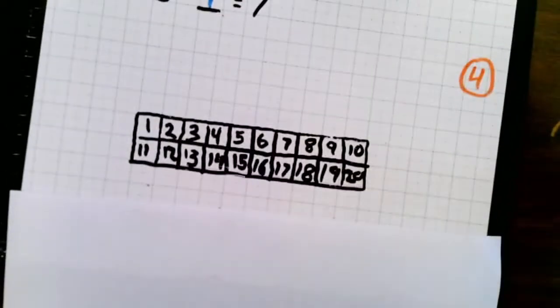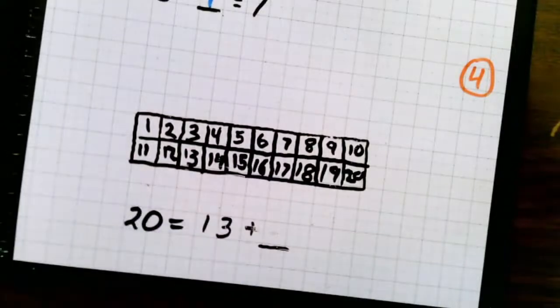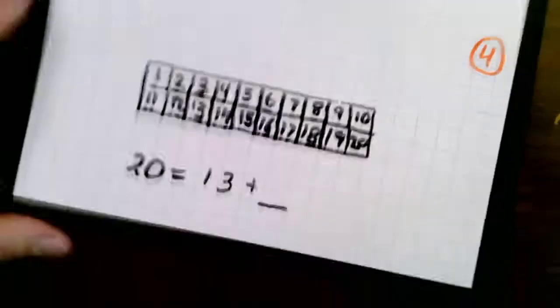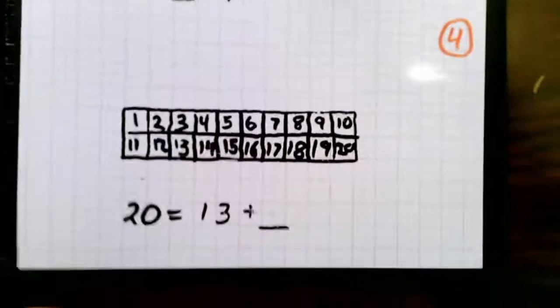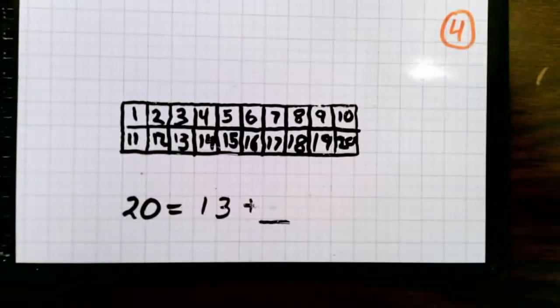Now, at the bottom, I have 20 blocks. And this is going to get a little bit tricky. We're going to have this question here: 20 equals 13 plus something.